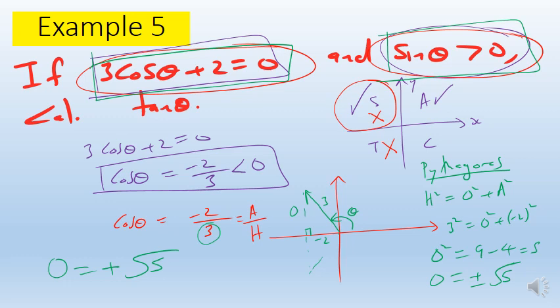What is the question asking us to calculate? They're asking us to calculate tan of theta. So tan of theta is opposite over adjacent. The opposite side we've just worked out to be plus root 5, and the adjacent side we know is minus 2, and we expect this. Tan of theta is minus root 5 over 2.